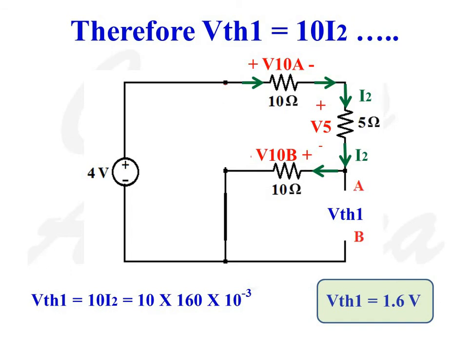Therefore VTH1 is equal to 10 I2, which is 10 into 160 milliampere. So VTH1 is equal to 1.6 volt.